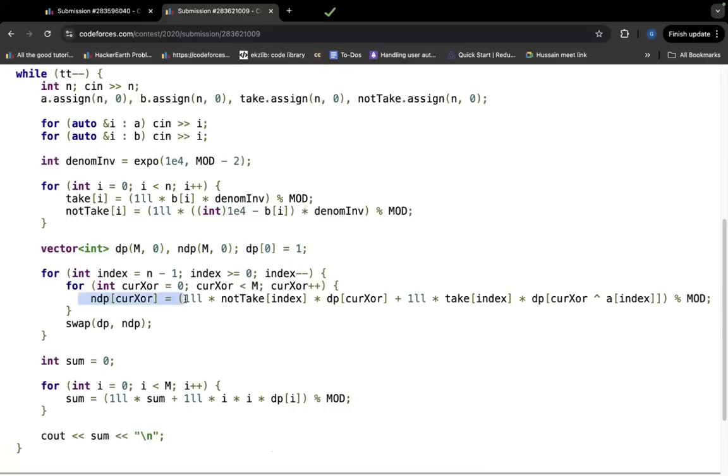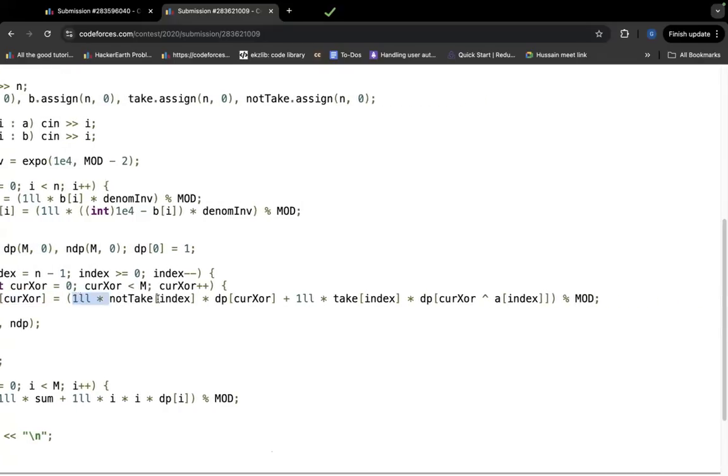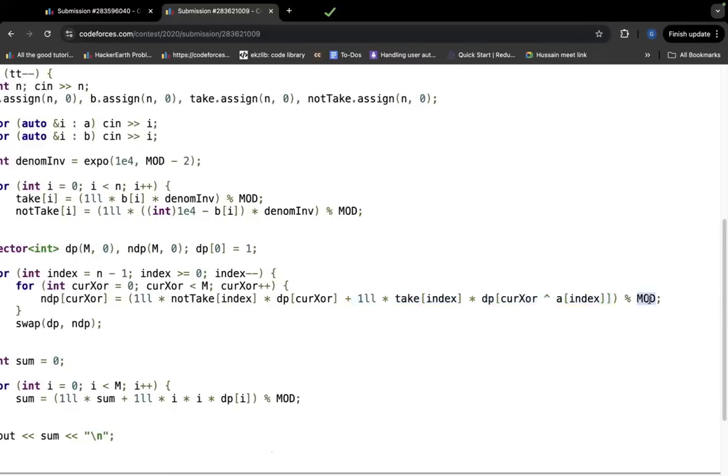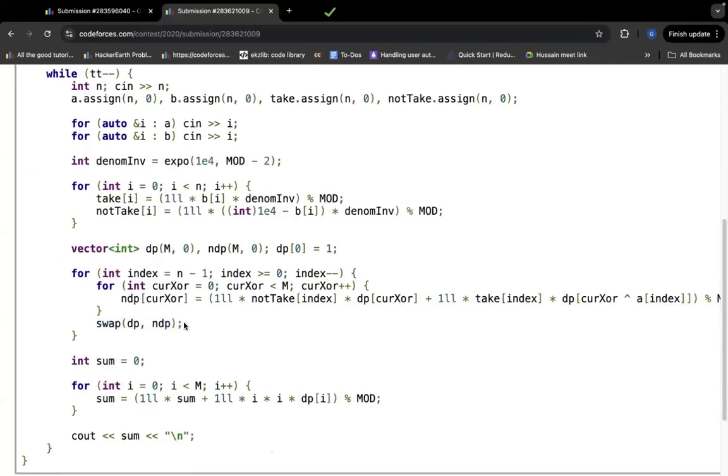Now, ndp of current XOR is nothing but the same thing that we wrote in our recursive dp, which is not take into dp of I plus 1 current XOR, plus 1 LL into take plus dp of current XOR xor a of index. And after calculating this, you just swap dp and ndp. Once you have done all of this, the answer remains as it is. Sum is equal to sum plus I squared into dp of I modulo mod, and then you return sum.